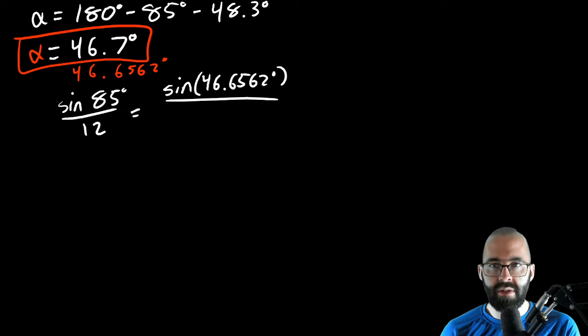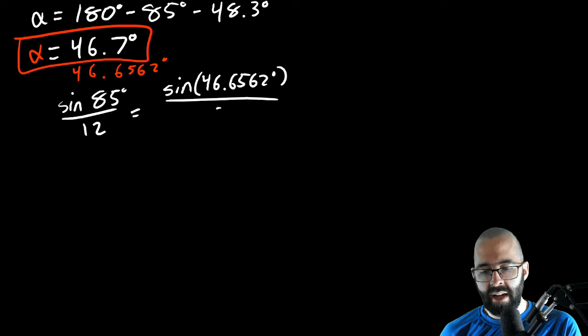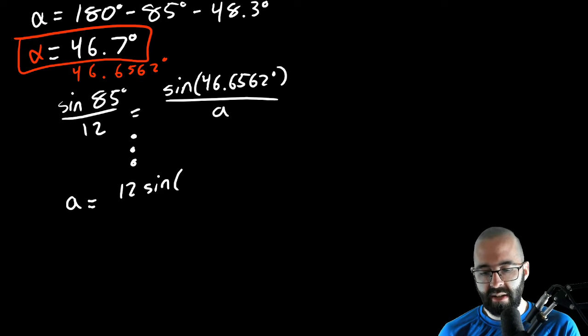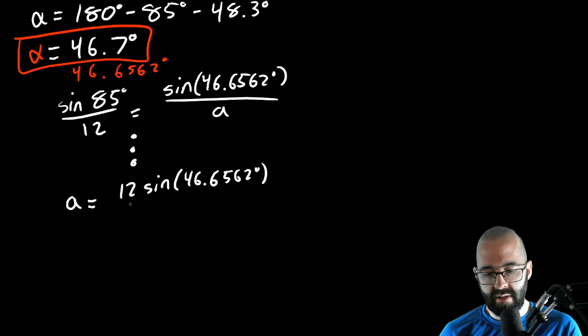Make sure to include those degrees, otherwise it means something very different. Divided by A, which we don't know. Follow the exact same steps to solve this from before. You're going to get that A is 12 sine 46.6562 degrees divided by the sine of 85 degrees.